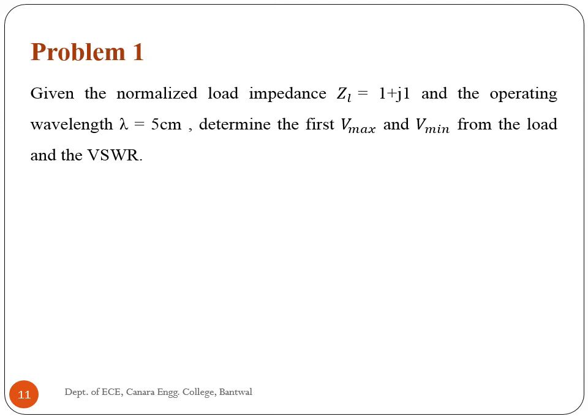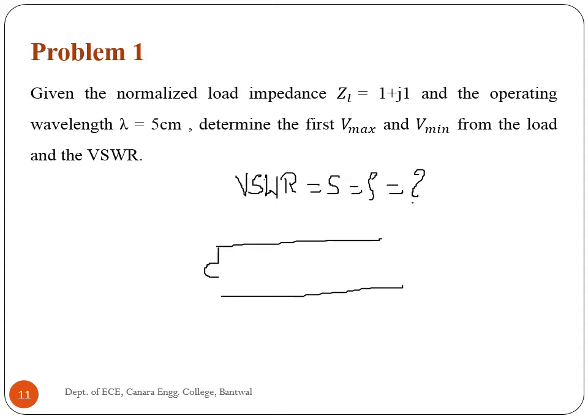For the given problem, I have to solve VSWR and I have to determine the first Vmax and Vminimum from the load end. This is my transmission line, generator, load end.